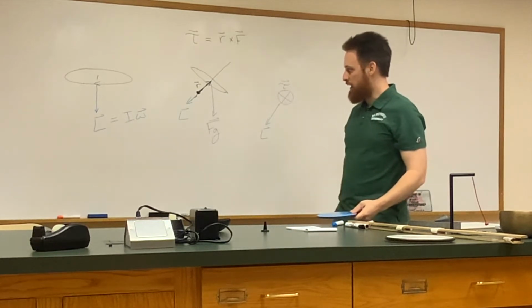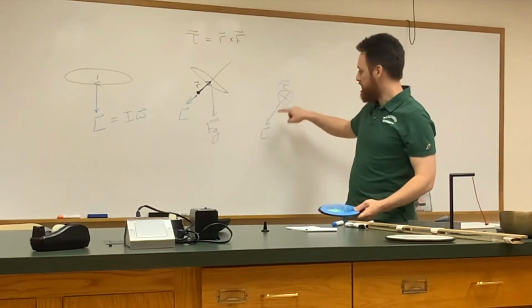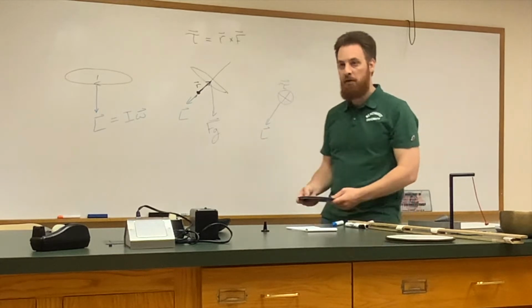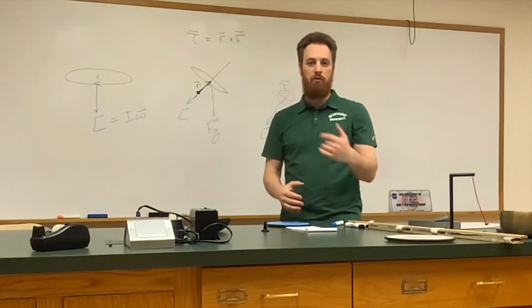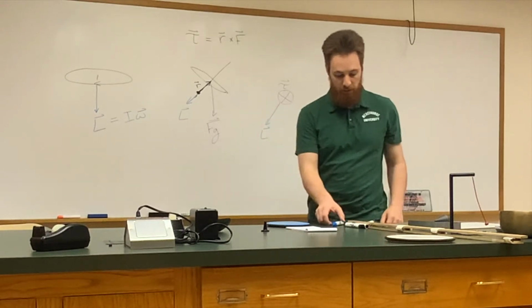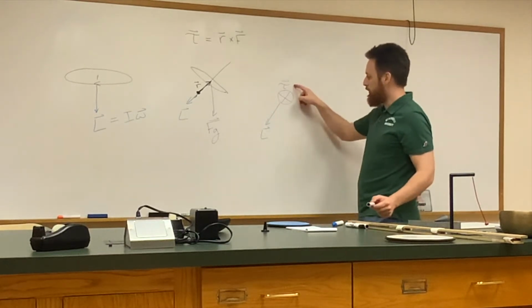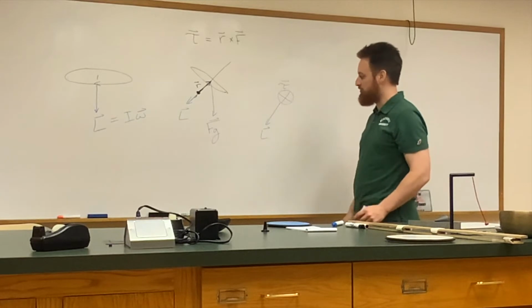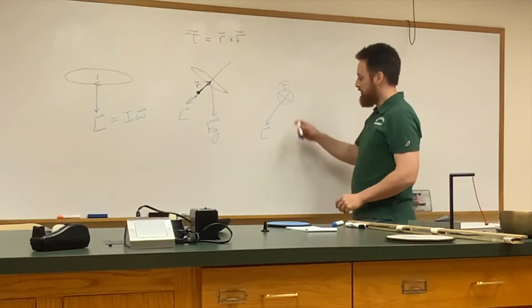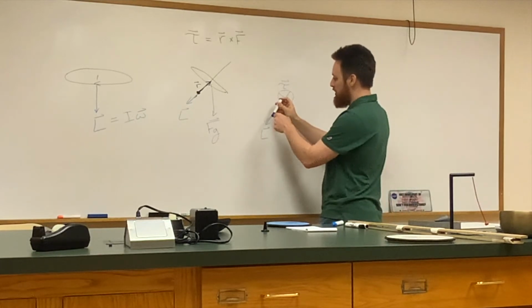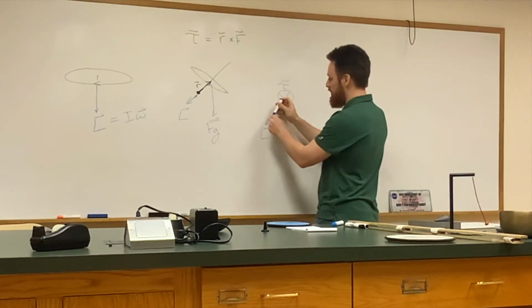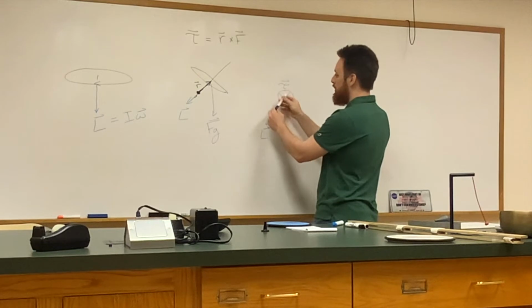So in the same way, the torque is going to have an effect on the angular momentum. And in fact, much like forces affect velocities, torques affect angular momentum. So this torque is going to change the direction of the angular momentum. And so if the angular momentum is a vector that points in this direction, and you apply a torque in this direction, the angular momentum will change its direction.